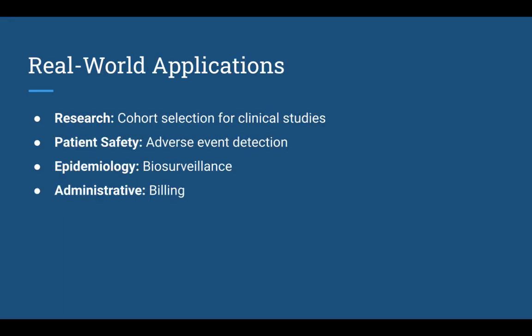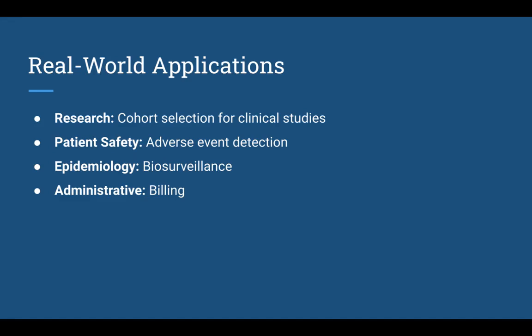So how can NLP be used in the real world? Well, there are a lot of applications to healthcare, which is why NLP is such a rich and vital field to work in. So just a few examples. One is in research. When doing a clinical trial, you might need to know which patients should be considered to be a part of this trial.